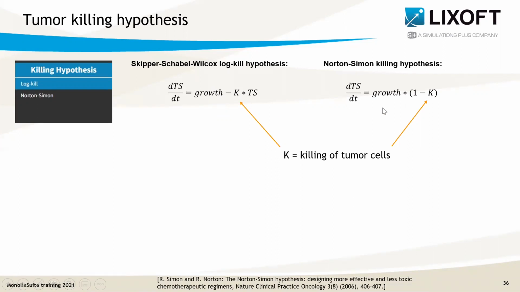Then Norton and Simon refined the log kill hypothesis, and the hallmark of their hypothesis is that the rate of tumor size reduction is proportional to the rate of tumor growth. According to this model, the killing is not constant, but instead it is proportional to the relative growth rate.